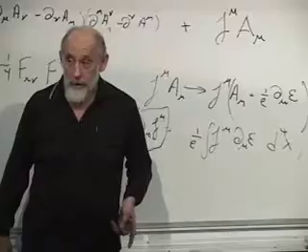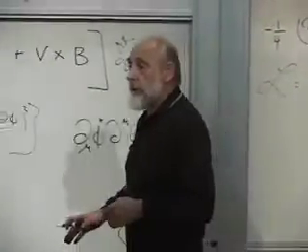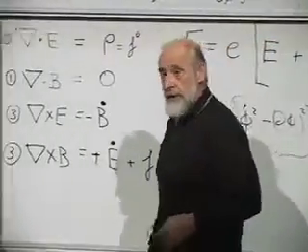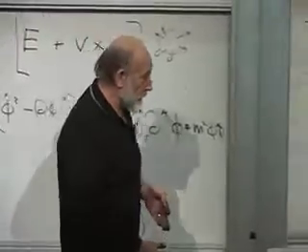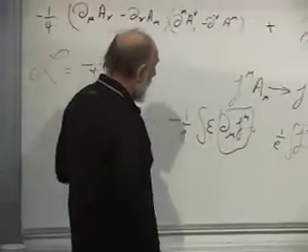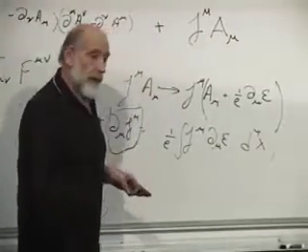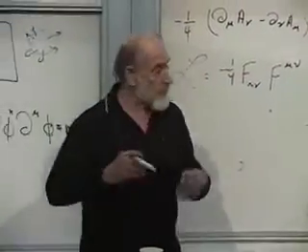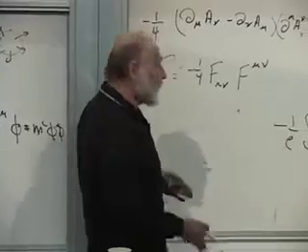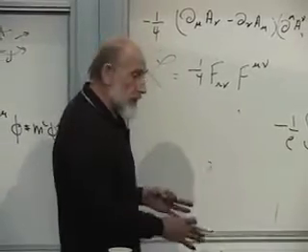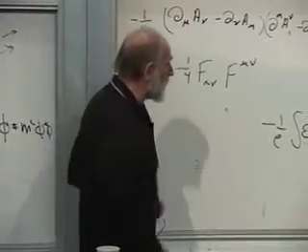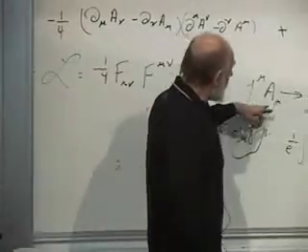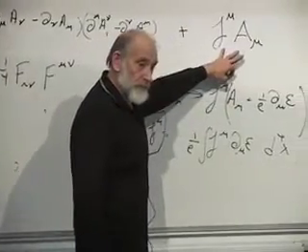The continuity equation is the necessary and sufficient condition for the action to be gauge invariant. As long as J is a conserved 4-vector, in other words, as long as it corresponds to a conserved flow of electric charge, the density together with the space component of the current, then this is gauge invariant.